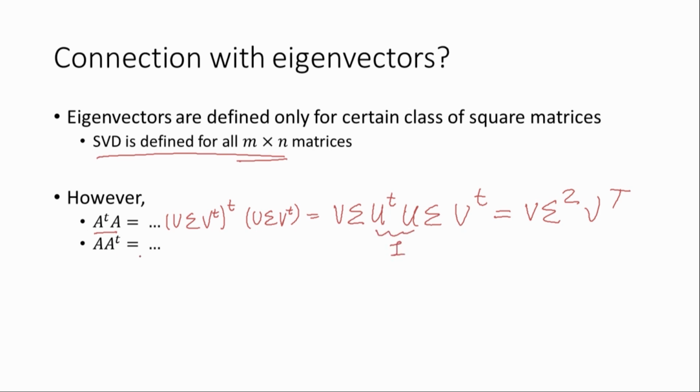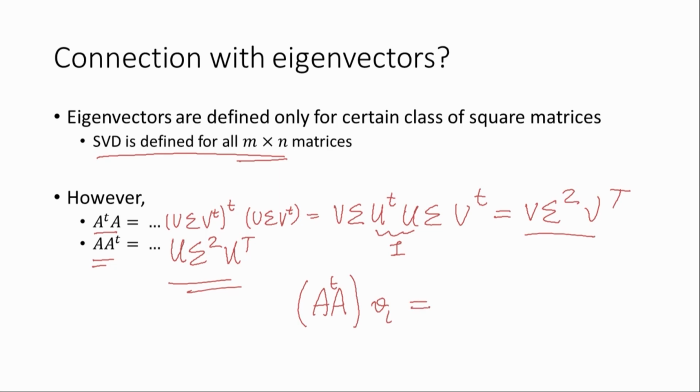And what would A A transpose be? U sigma square U transpose. Now look at these two matrices, A transpose A and A A transpose. If you look at A transpose A times, let's say, V1, what is this?